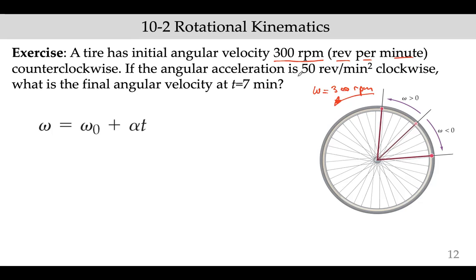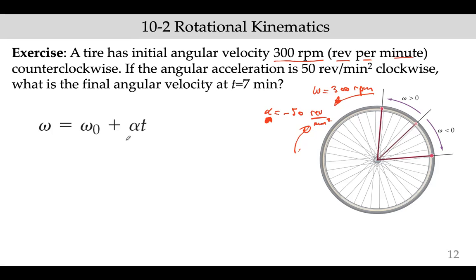If the angular acceleration is 50 rev per minute squared, clockwise, now the acceleration is clockwise, so it's in the opposite direction. So we have to use alpha. Clockwise direction is negative, remember, so I have to write negative 50 rev per minute squared. What is the final angular velocity at t equals 7 minutes?